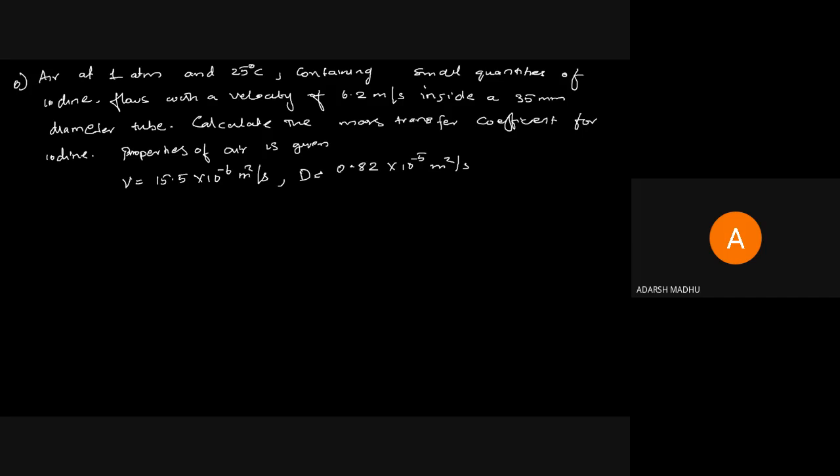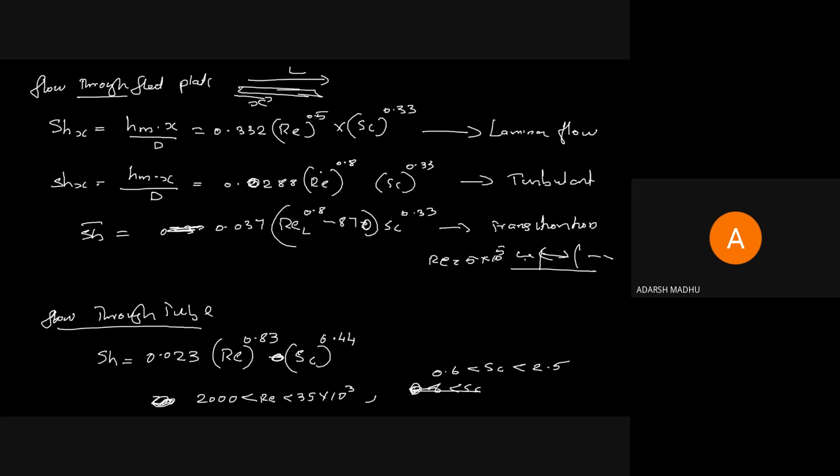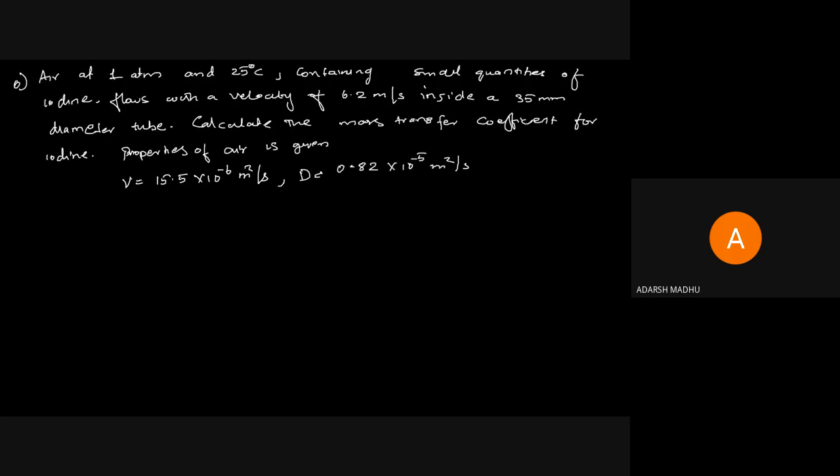As it is given as a pipe flow, you can use the equation for flow through pipe to find the Sherwood number. Then using Sherwood number equal to HM into X by D, you can find HM also. That is the method. We can complete the problem by tomorrow.